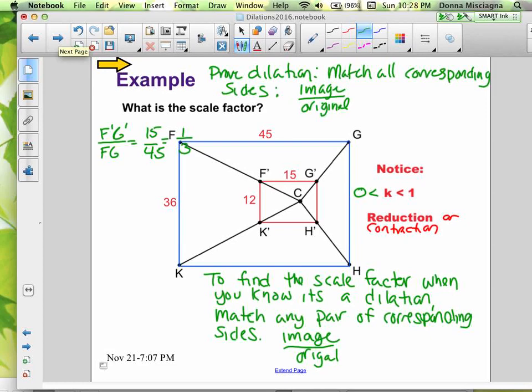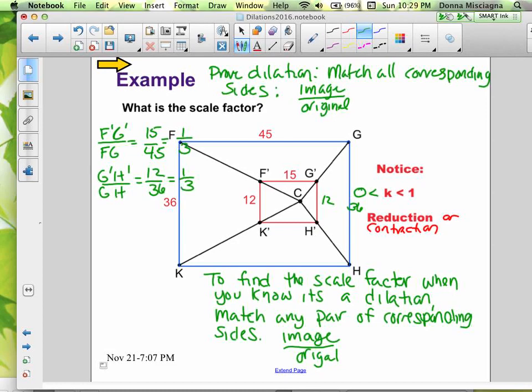All right, so then now let's match up the next pair of corresponding sides. All right, so G prime, H prime to GH. All right, so G prime, H prime, that one's also 12. All right, these are rectangles. So that's going to be 12. And GH is 36. That reduces to 1/3, right?